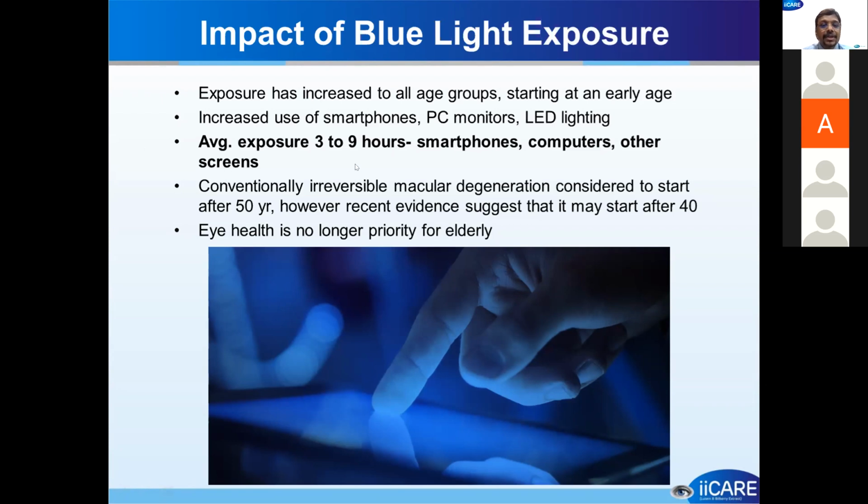This has increased the risk of the occurrence of AMD. It may even start early, at around 40 years of age. So eye health is no longer the priority of the elderly. Now it is becoming a priority of the young age group as well.